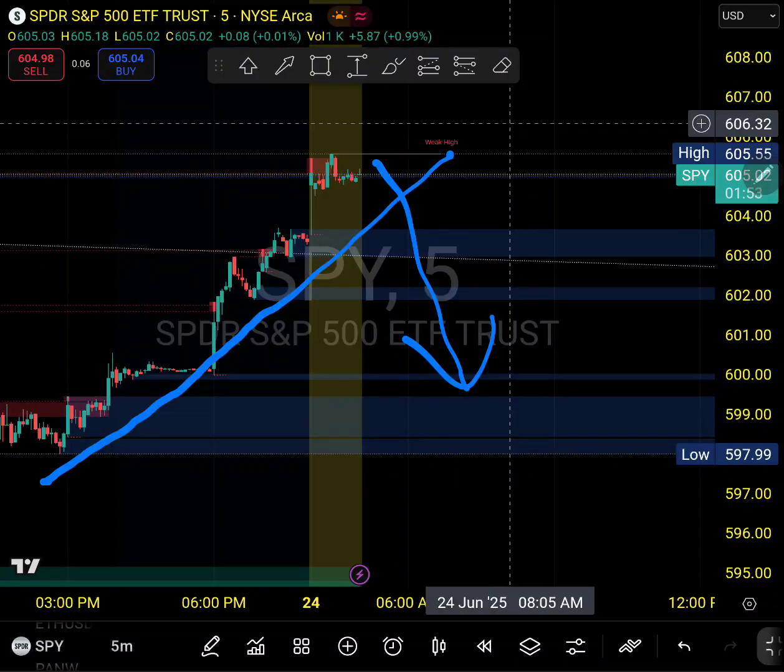So sometimes bad news is good news for the market and good news is bad news. So let's see how the market will react in the morning. It's 5 a.m. Still we have close to 4.5 hours.